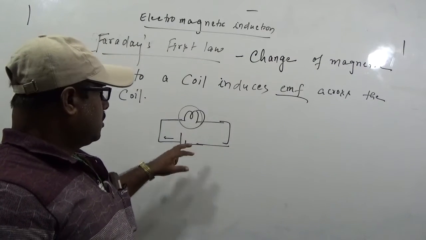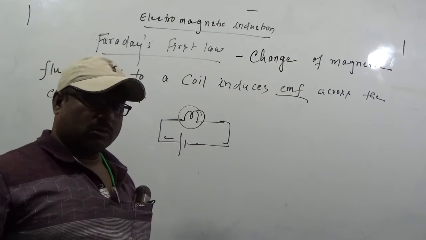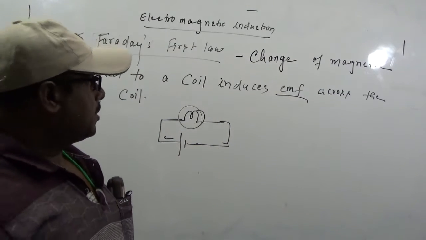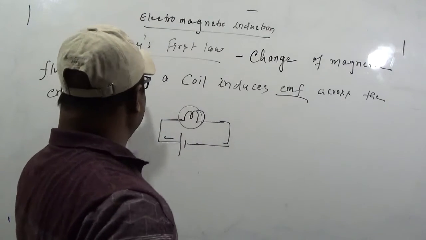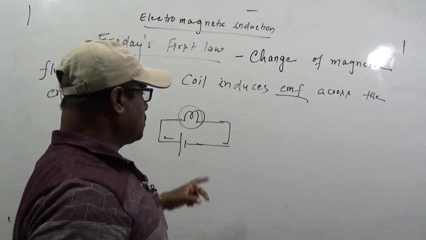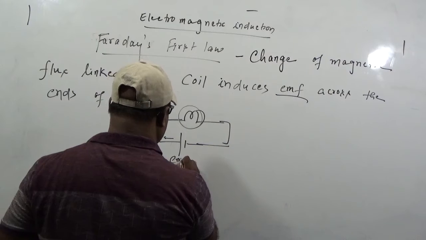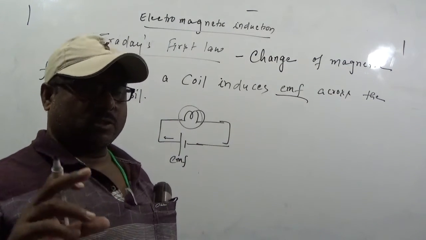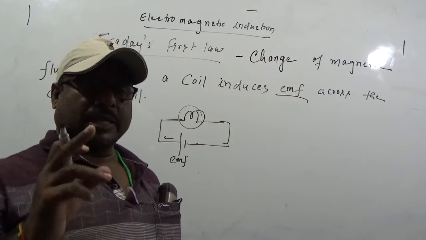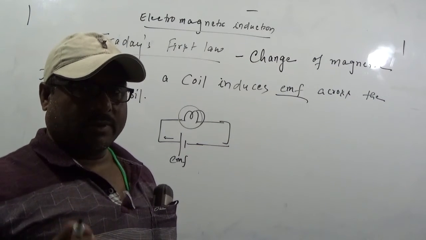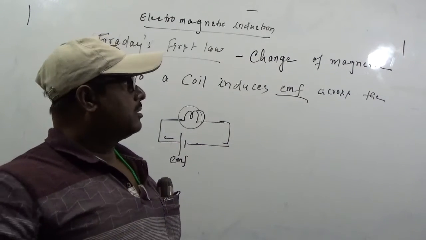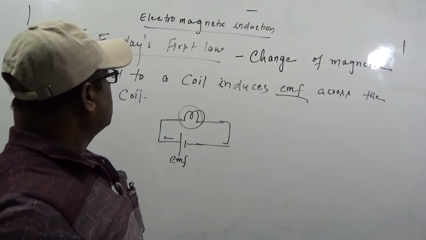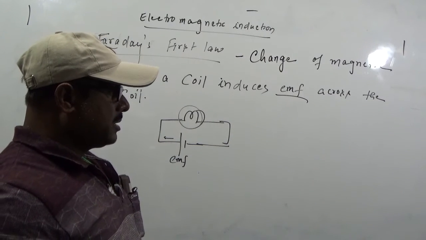The movement, the drift of electrons, causes the electricity. So this change of magnetic flux linked to a coil induces this cell as EMF. If you buy a cell from the market, you see there is 1.5 volt. So that is the EMF, not potential difference. That is the EMF of a cell. Today we are going to see Faraday's second law.